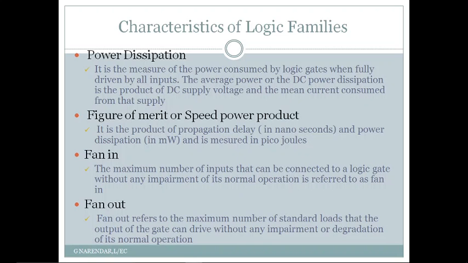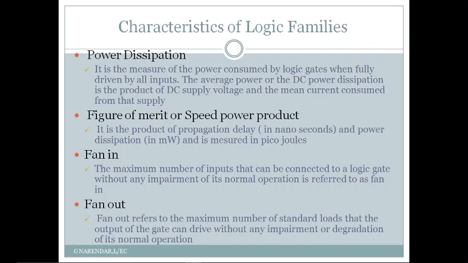So there is one more characteristic that combines the effect of these two characteristics, and it is used to compare the logic gates of different families. That is called figure of merit or speed power product.